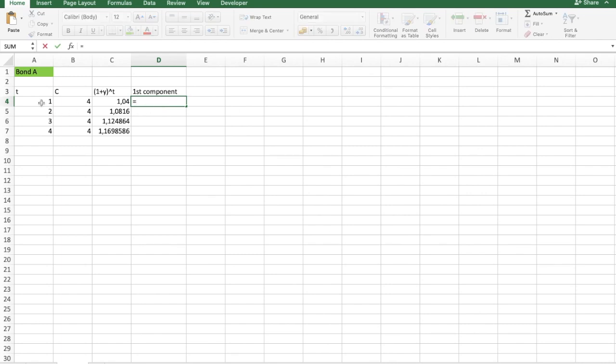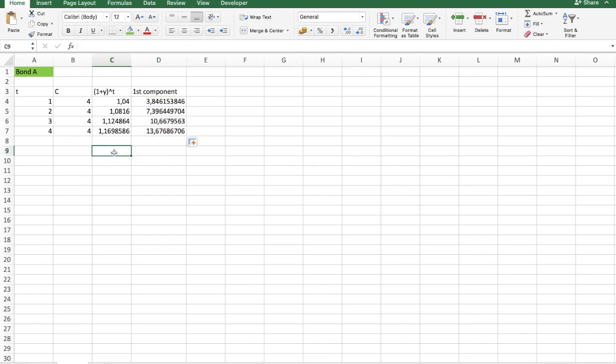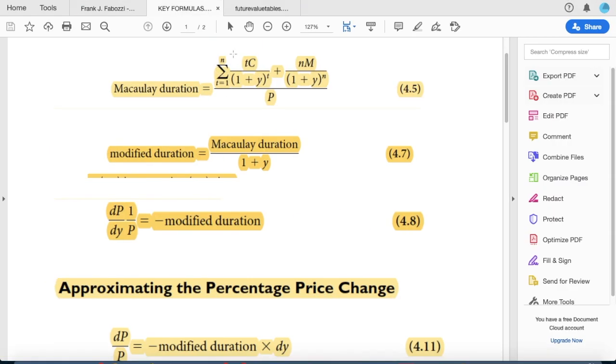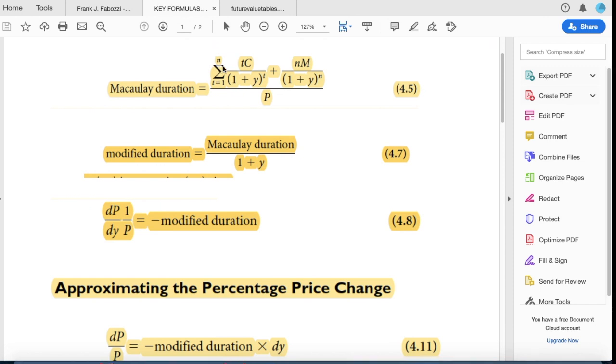So equal t times c divided by the present value factor. Now I have to sum up all these numbers.